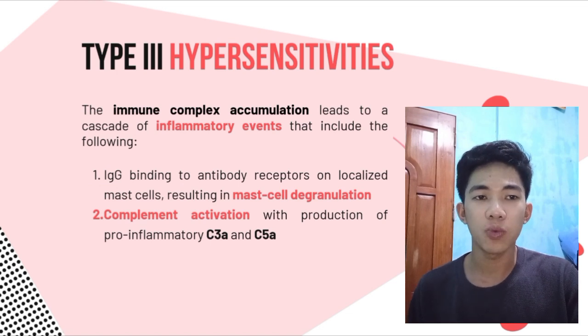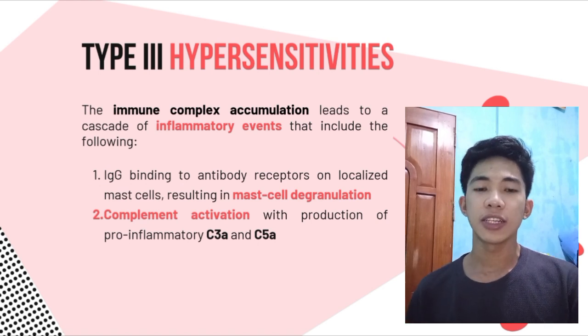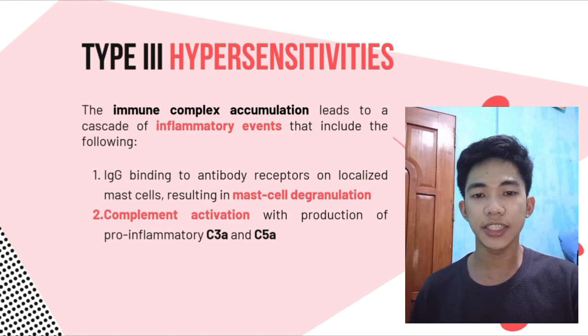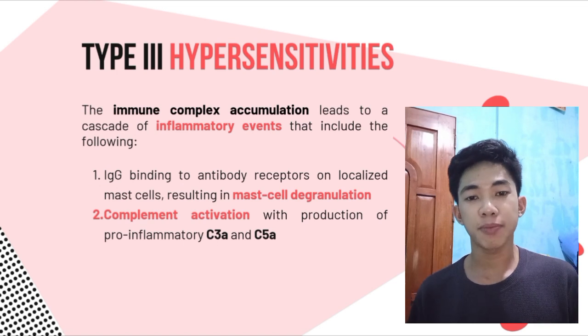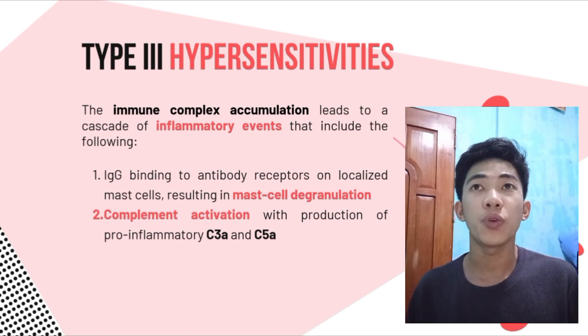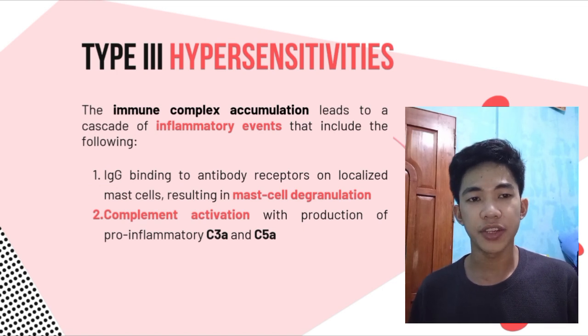For the second one, complement activation with production of pro-inflammatory C3a and C5a. So as I mentioned earlier, complements are proteins that aid our immune system in fighting off harmful substances. So C3a and C5a are specific types of complement proteins. C3a specializes in increasing the permeability of our blood vessels, which means that substances can easily go in and out of the bloodstream.